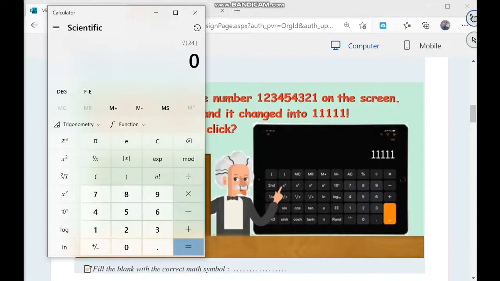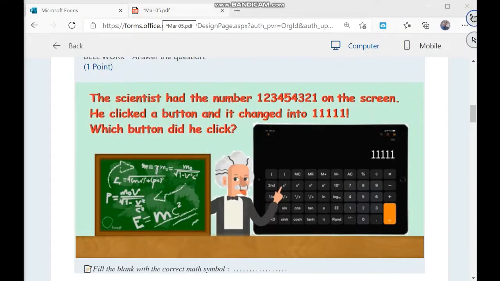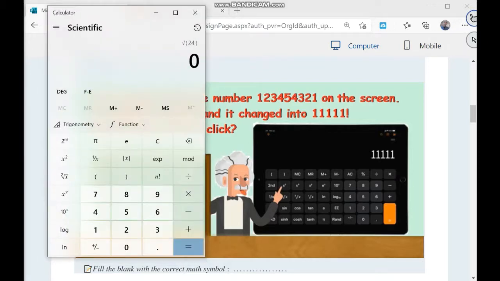So the question is, there was this number 1, 2, 3, 4, 5, and then 5, 4, 3, 2, 1. It turned into a bunch of ones. 1, 2, 3, 4, 5, five digits 1. Which button did he click? There was a hint.